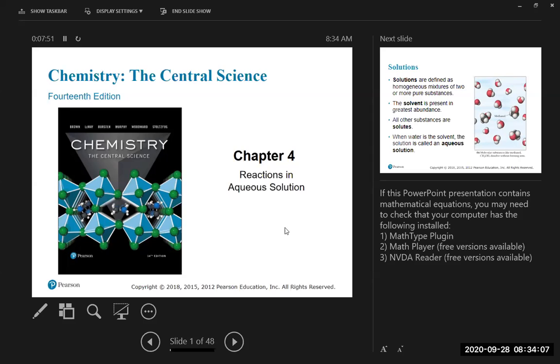So in chapter 4, we're going to talk about aqueous solutions and reactions in aqueous solutions. When we say aqueous solutions, what we're talking about is things that are happening in water as the solvent.